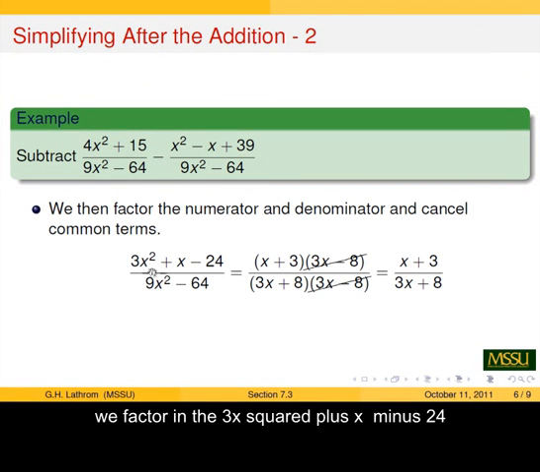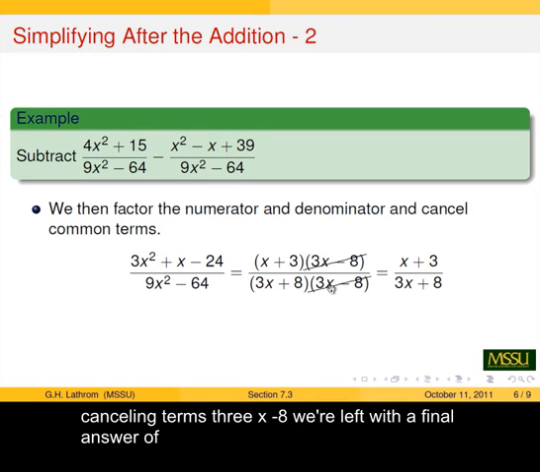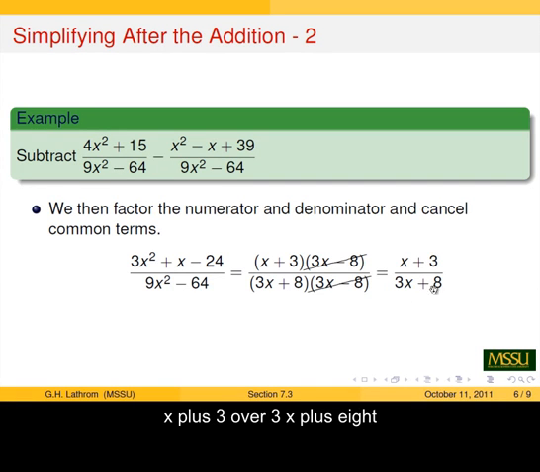We factor the 3x squared plus x minus 24 into x plus 3 times 3x minus 8. Our 9x squared minus 64 is the difference of squares, so it will factor as 3x plus 8 times 3x minus 8. Canceling common terms of 3x minus 8, we are left with a final answer of x plus 3 over 3x plus 8.